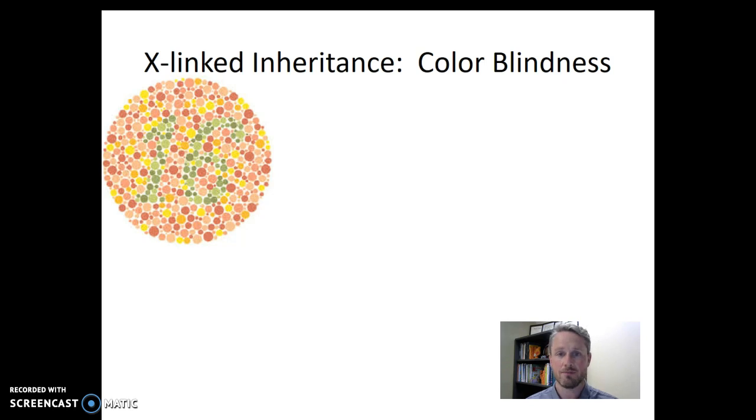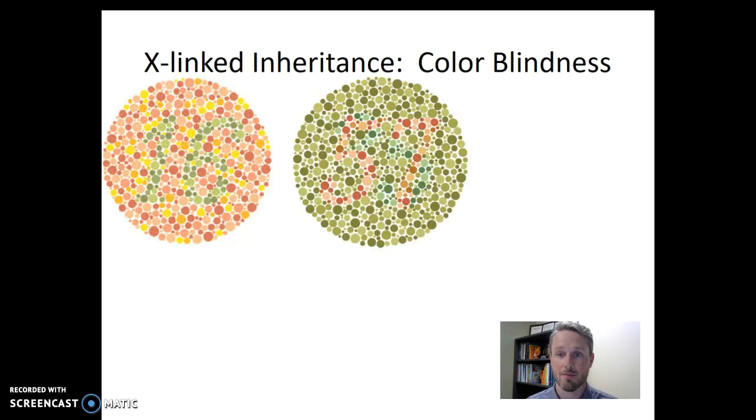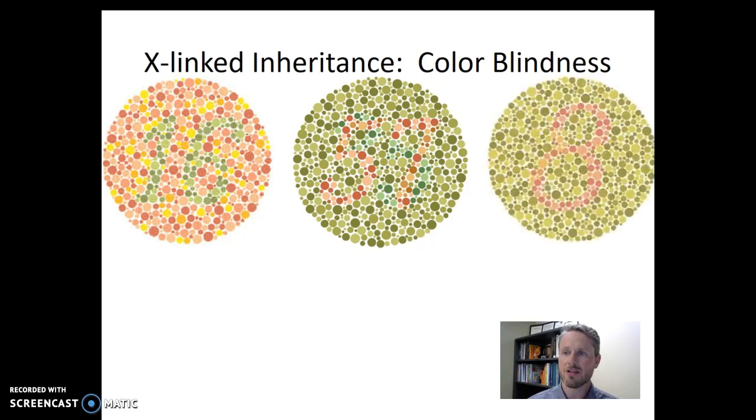So here's one example. Here's another example. Again, within that pattern of dots, you might see a number or pattern. And here's a last example. So if we show these to an individual and we ask, what number appears in that pattern, we can diagnose someone as being colorblind or not.